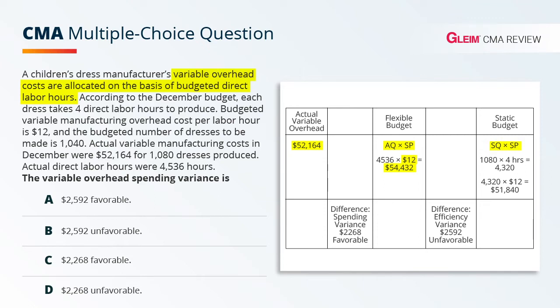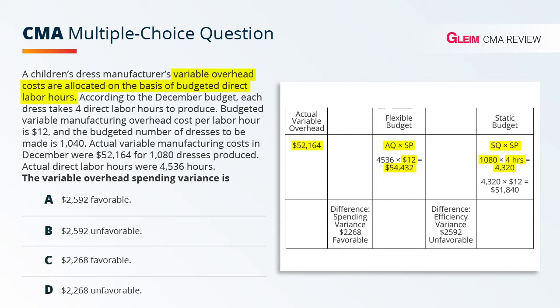Now, SQ is not given to you in this problem. Generally, SQ is the one factor that you have to find. SQ is telling us how many labor hours we should have used based on our actual production. When we actually produce 1,080 dresses, and each dress is supposed to take 4 hours, we were supposed to use 4,320 hours.